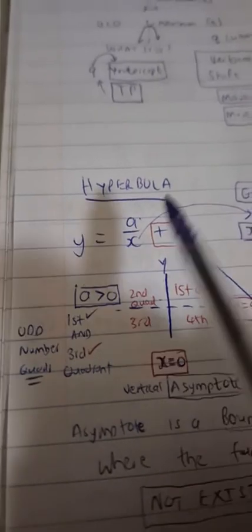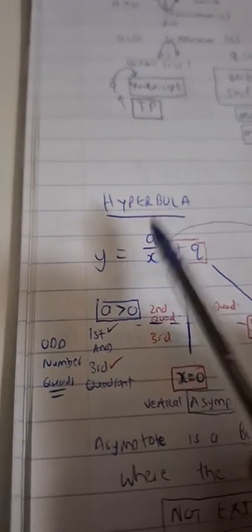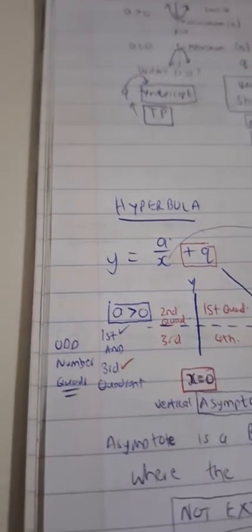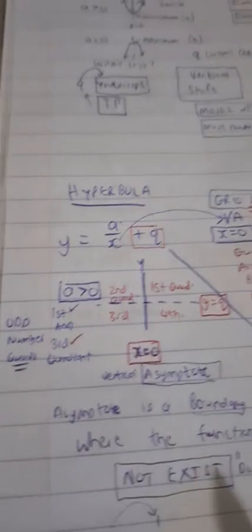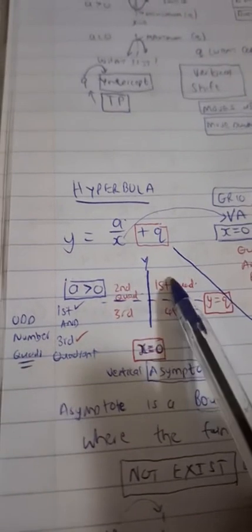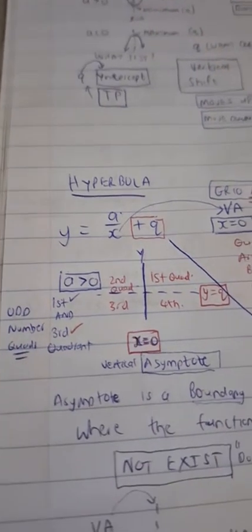The odd number quadrants is where your function will be found the minute the value of A is greater than 0. Meaning in this quadrant and this quadrant. That's where your function will be found if A is greater than 0.